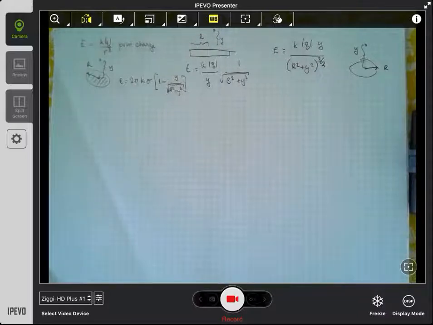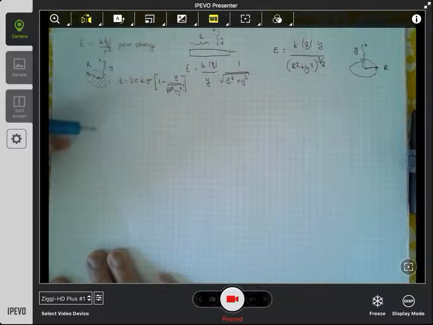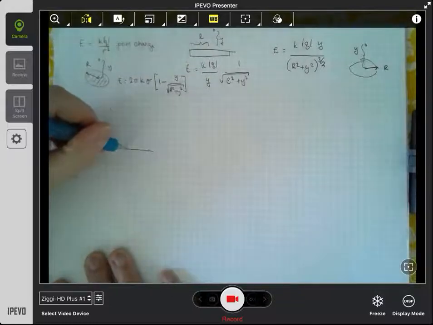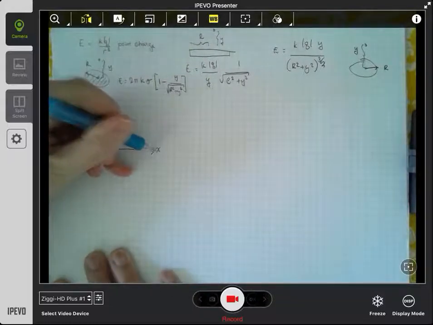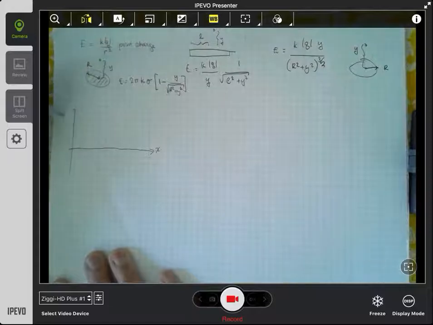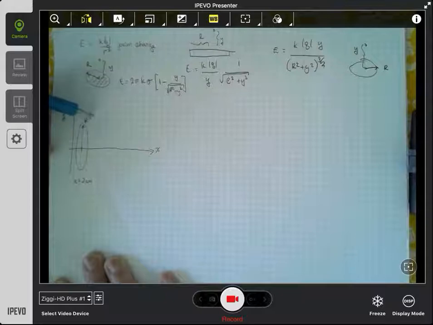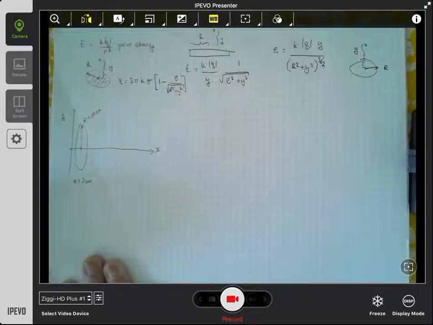Okay, and so if we want to do an example of this, a typical example would be any combination of these 4 things. So let's give ourselves an x-axis over here, and this is our y-axis. And let's put a disk of charge over here at x equals 2 centimeters, with some radius big R equal to 10 centimeters.